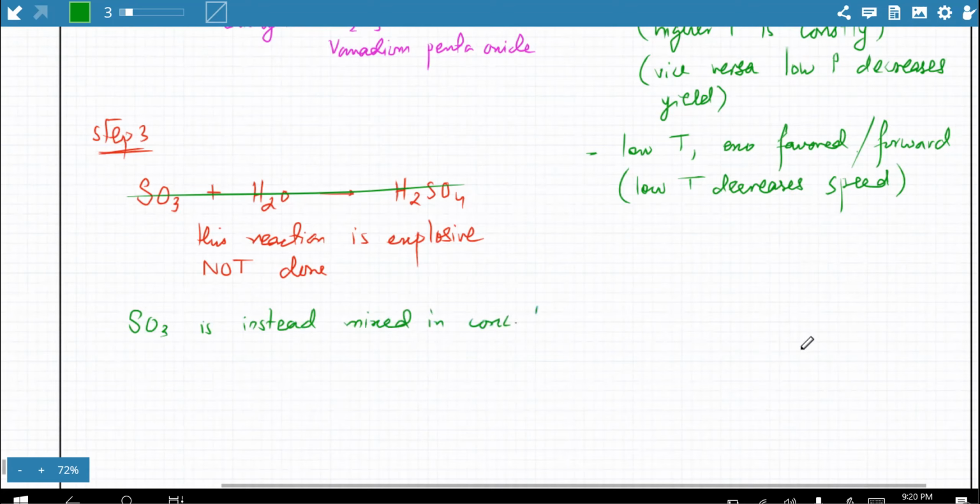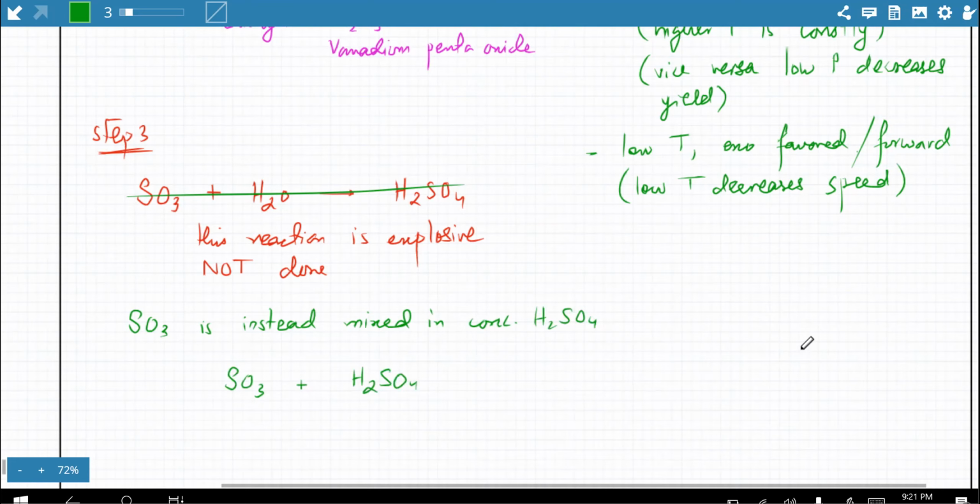Now this is something weird. What were we supposed to form? We were basically interested in forming sulfuric acid. Now to form sulfuric acid, we're actually using sulfuric acid. Previously made sulfuric acid is being used to make more sulfuric acid. What's happening is they're taking SO3, which was produced in the previous part, and mixing it with sulfuric acid. Dissolving it. Remember, SO3 is a gas.